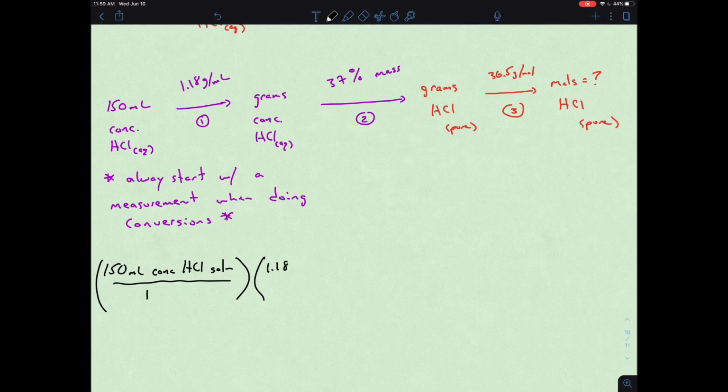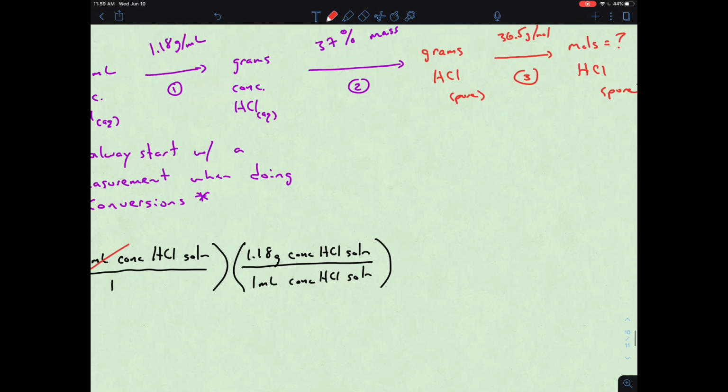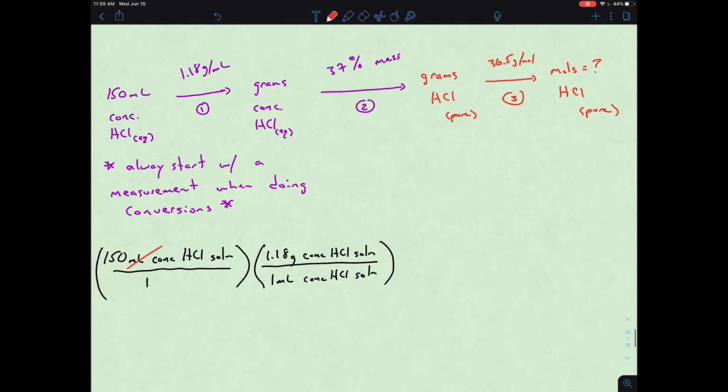So there will be 1.18 grams of this concentrated HCl solution for every 1 milliliter of the concentrated HCl solution. So we can get out of our volume and get into our mass, but we're in mass of the actual concentrated solution. So there's our first step.